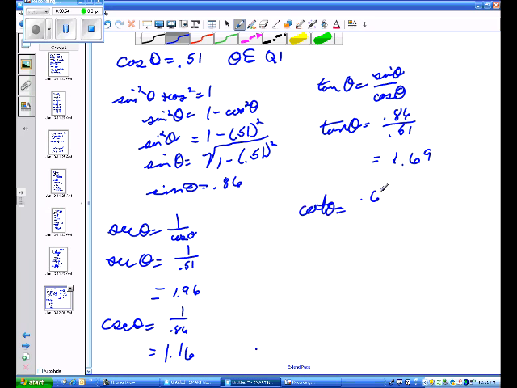And the cotangent of theta is the cosine over the sine. Well, our cosine was 51 hundredths and our sine was 86 hundredths.